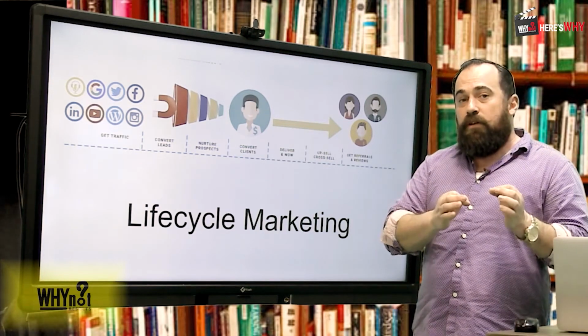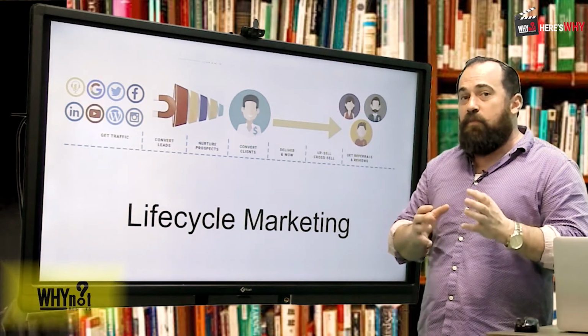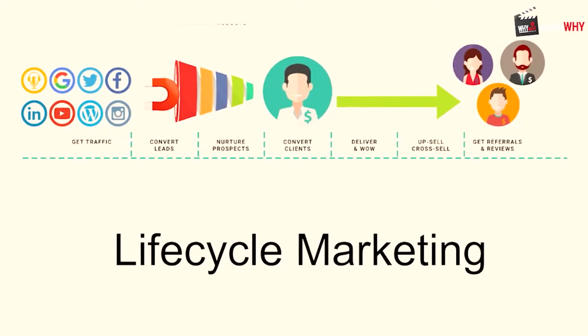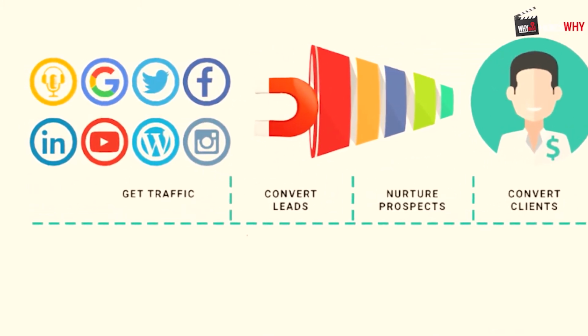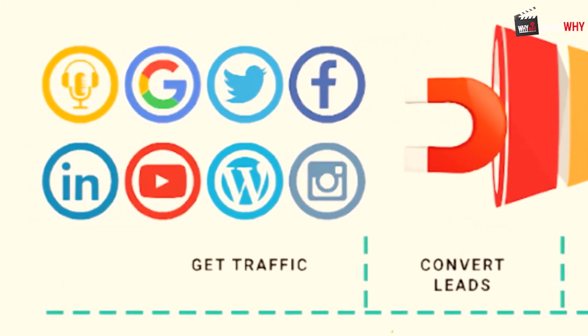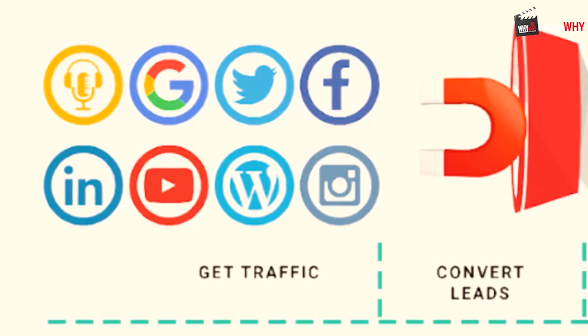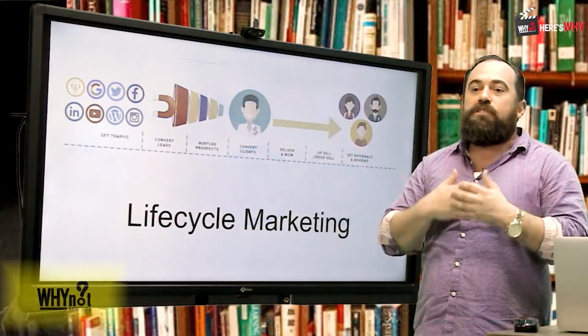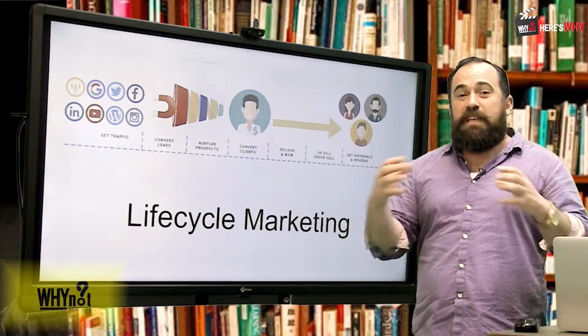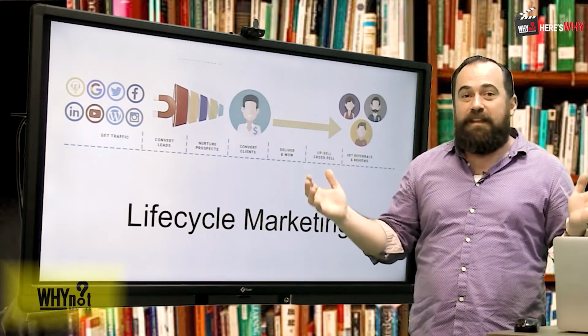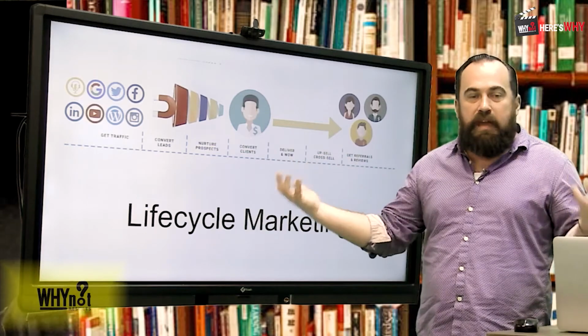So let's quickly go through the different stages of lifecycle marketing. So it starts with getting traffic to your business. So this is to your blog, getting traffic to your website, also gaining traction on social media, getting people to engage and interact with you throughout these different platforms and across these different mediums where people may look.